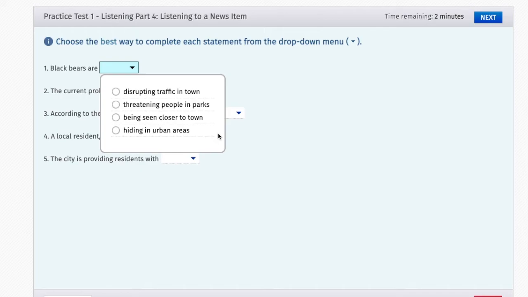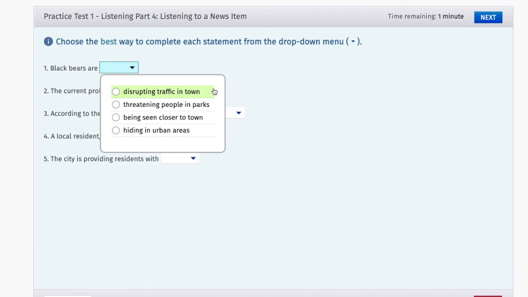I heard urban areas, I heard town, I heard scene. Maybe I didn't hear the word threatening, but I can assume something related to that. I heard parks. And also, we can assume maybe the bears are disrupting somehow. So, we have all that information.